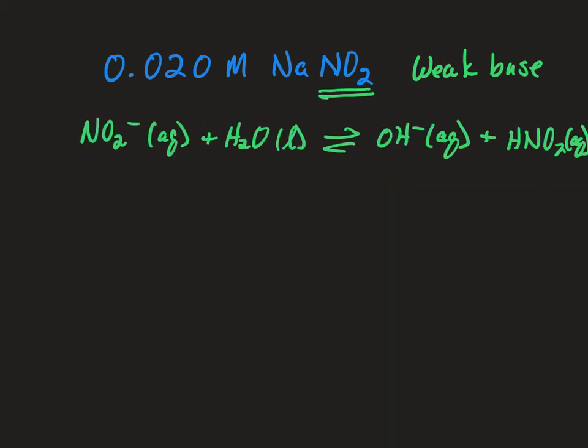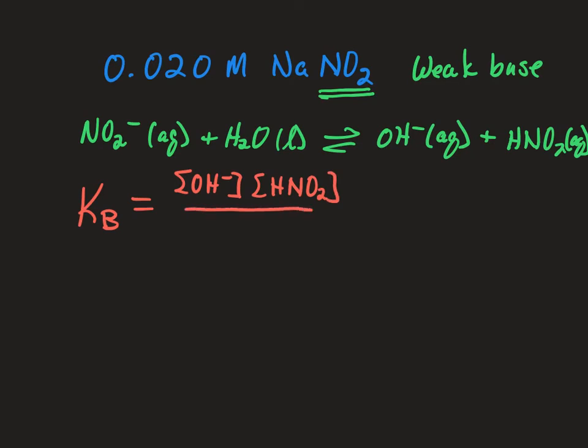Okay, so we get ourselves to this equilibrium expression, which we can express as a base equilibrium. Our Kb, equilibrium for this as a base reaction, is going to be our concentration of hydroxide ions times the concentration of our nitrous acid divided by the concentration of unreacted nitrite ion.